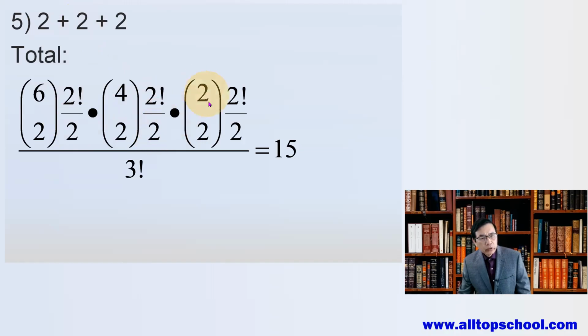The leftover 2 will be the last group, with the same arrangement. Because for these 2, 2, 2, I can do 1, 2, 3, 4, 5, 6, which is the same as 3, 4, 1, 2, 5, 6, the same as 5, 6, 1, 2, 3, 4. So the order of the groups will be repeated 3 factorial times, and I'm going to divide by that. You get the unique groupings for 3 cycles of 2. By calculating, you get 15.